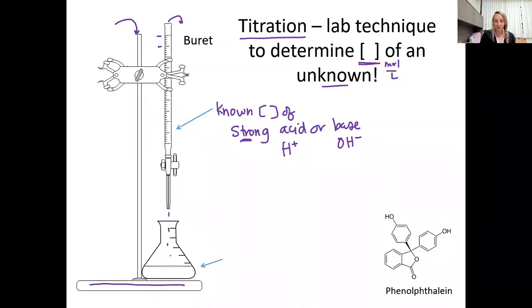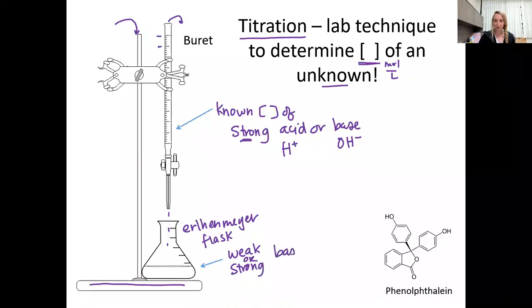Now down here, this is called an Erlenmeyer flask. In this flask, we can have a weak acid or base or a strong acid or base.